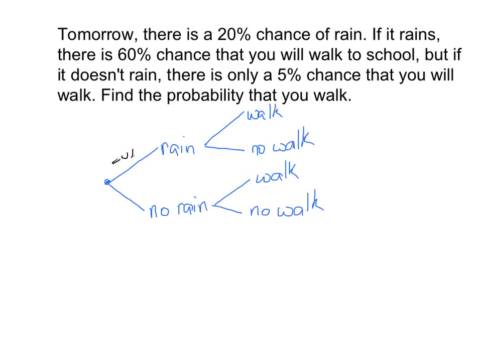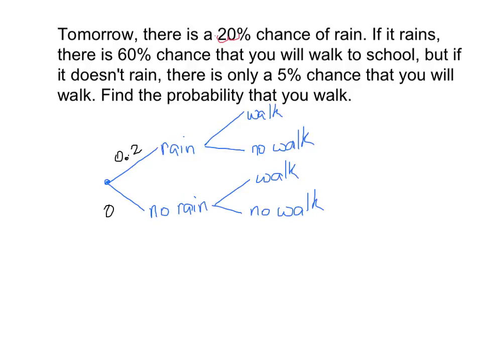However, since we know we're going to do multiplication, it might be a good idea to convert that to decimal first. So let's move that over 2 places to the left, and we get on our tree 0.2. Now, if the chance of rain is 0.2, then the chance of no rain is everything else out of 1.